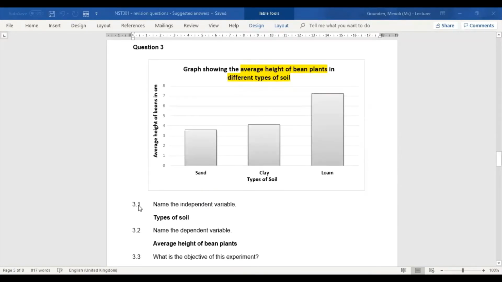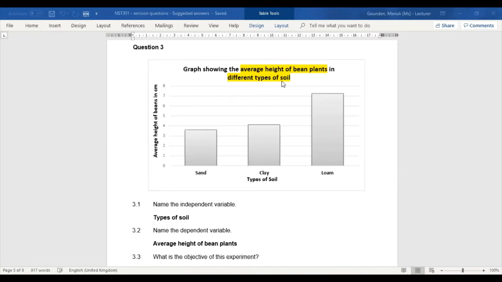I think this is the last question, question 3 that you were given. In this case, you were given a graph to show the average height of bean plants in different types of soils. So my suggestion would be, if you are given a graph, from the heading of the graph itself, identify the 2 variables.